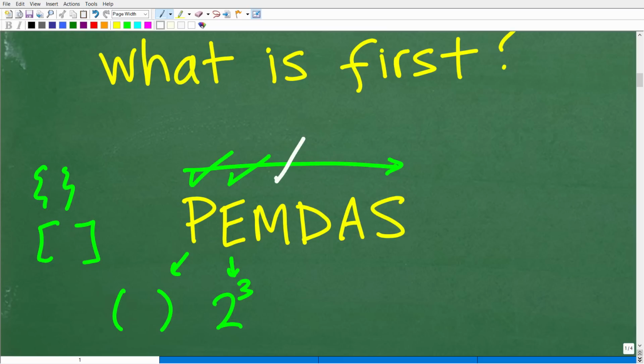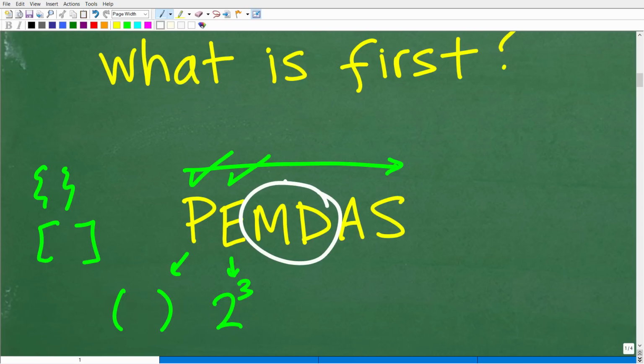A lot of people say, okay, well, the next thing is multiplication, right? So that makes sense to me, but that is not true. You might be confused. Well, are we going from left to right? We've got to do all the multiplication, and then move on to all the division. A and S stand for addition and subtraction. That is logical. That is kind of using common sense, but that's not the way this works.